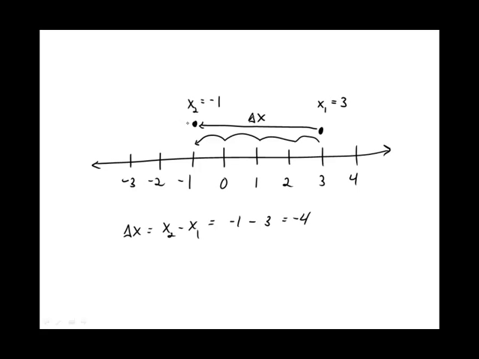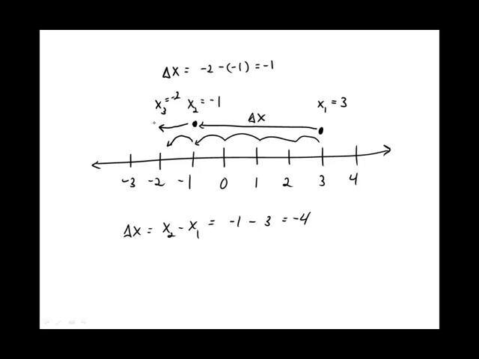Now if at a later time I move to the left one more spot, maybe this is x3, then here I have a delta x equal to negative 1, because x3 is negative 2, minus a negative 1, and that's equal to negative 1, meaning, of course, I moved 1 unit to the left.